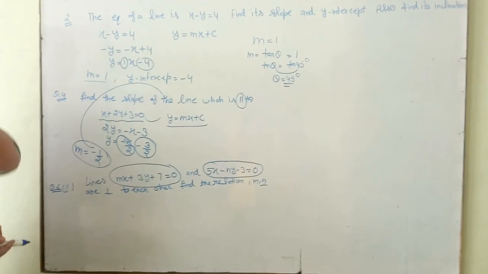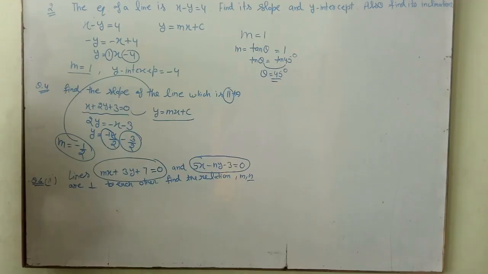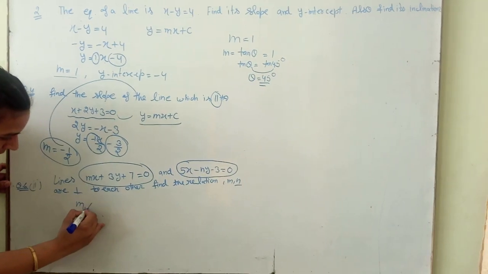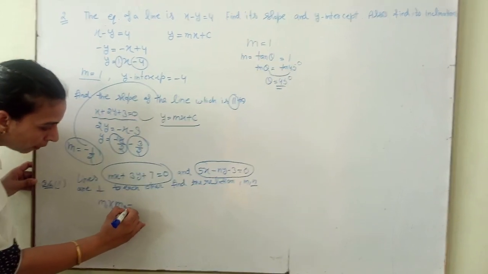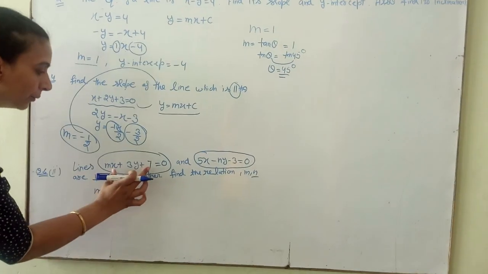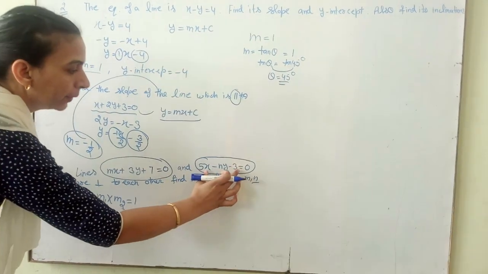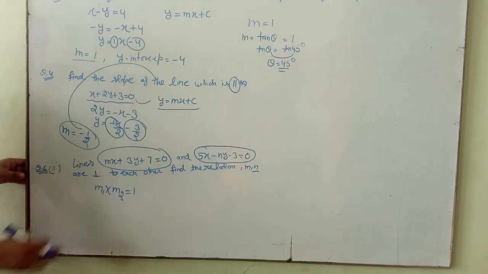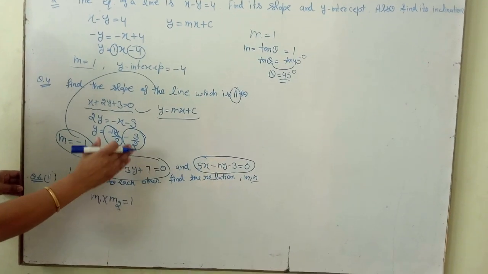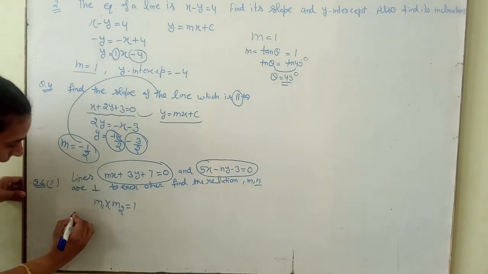We know that if two lines are perpendicular, then the product of their slopes equal to minus 1. So by this formula, first we find the slope of this line and the slope of the other line. First we convert the equation into the form y equal to mx plus c.